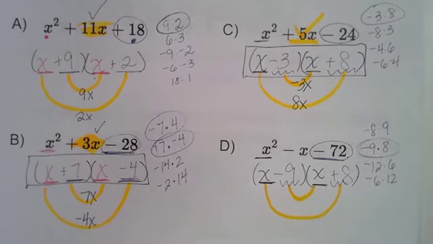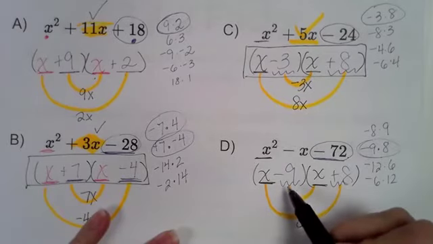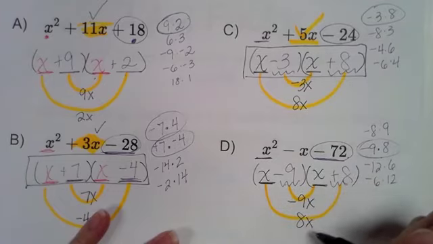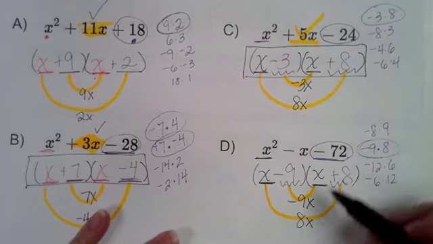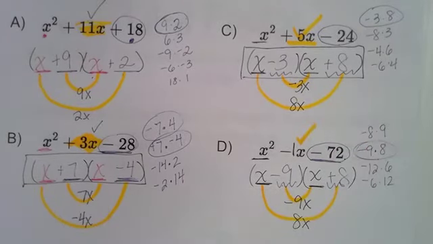All right, when we check the rainbow here, x times 8 is 8x, and negative 9 times x is negative 9x. And when we combine those, we get negative 1x. So we did it totally correctly. The middle term comes from the rainbow.